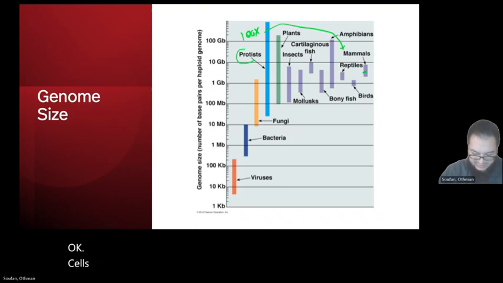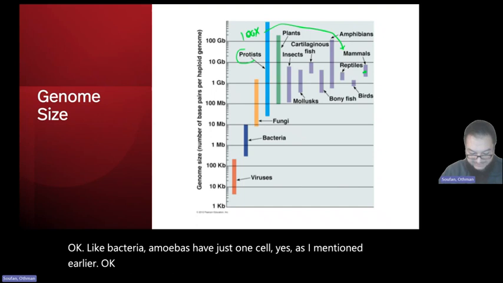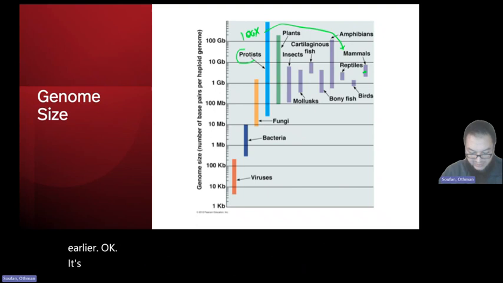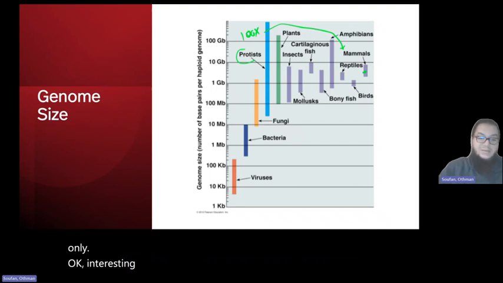My internet on the computer is not running well. Okay, like bacteria, amoebas have just one cell. Yes, as I mentioned earlier. It's a unicellular organism, so it's one cell only. Okay, interesting.